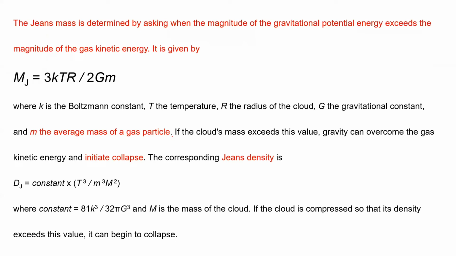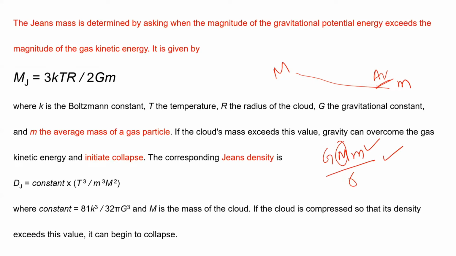We know that gravitational potential energy is GMm divided by the separation between this mass and this mass. So if the gas cloud has some mass, let's say M, and the average mass of atoms present in the gas cloud, let's say, is small m, the gravitational potential energy between them is this.